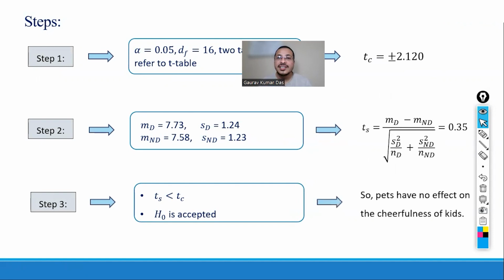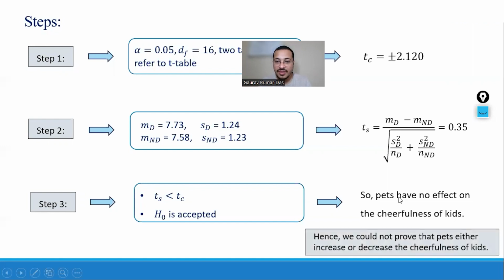So basically it means that pets do not have any effect on the cheerfulness of kids, because it seems that whether you have pets or not, the average score of cheerfulness, or whatever the emotion is, is the same for both people with pets and people with no pets. So hence we could not prove that pets either increase or decrease the cheerfulness of kids.